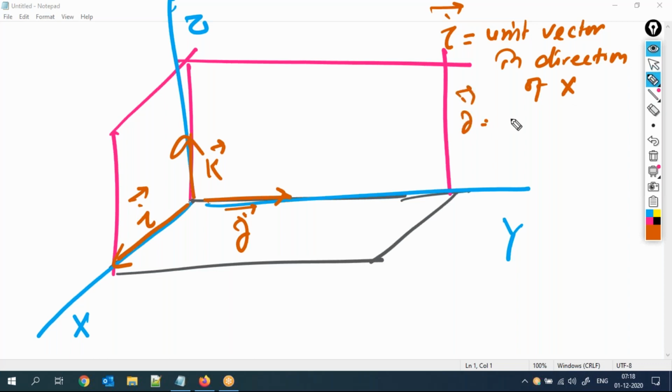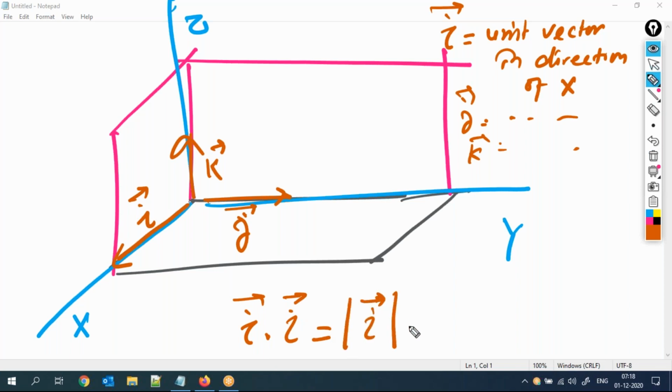Similarly j and k. What does unit vector mean? If I multiply i dot i, it will be the value of i, again the value of i, and cos 0.